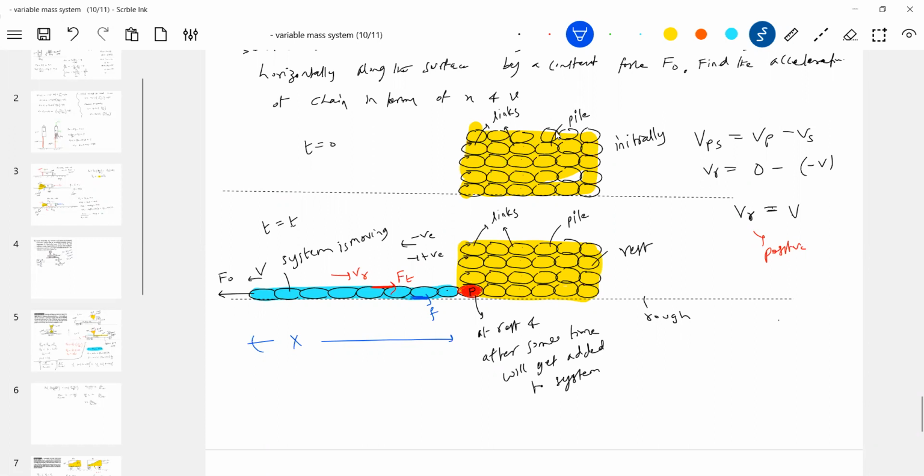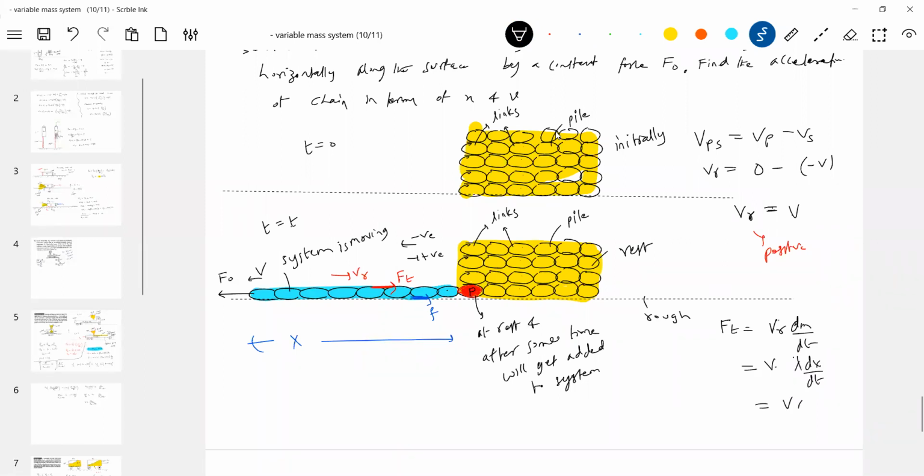We don't know the thrust force, so how do we calculate it? What is the basic formula? Thrust force should be equal to VR dm by dt. Let me write lambda here. So let me take a small element lambda dx.